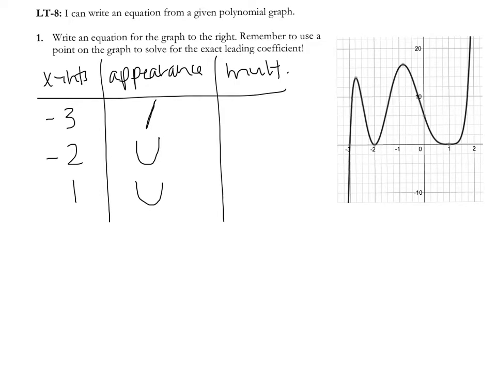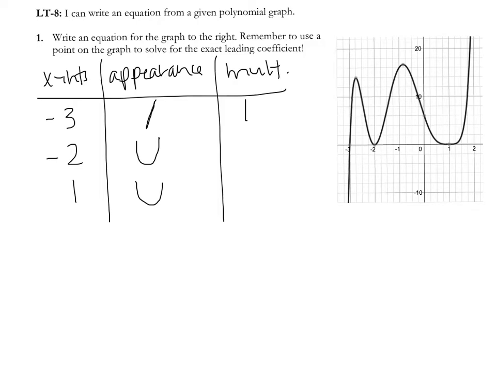Now, the appearance tells us what the multiplicity should be. When we pass straight through, that is a multiplicity of 1. When we touch and turn back around, that's going to be an even multiplicity.